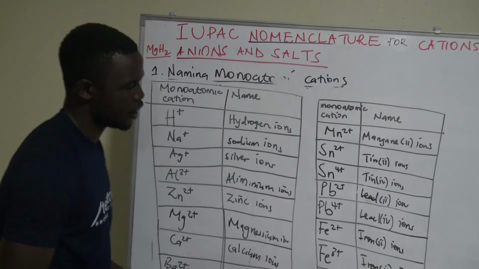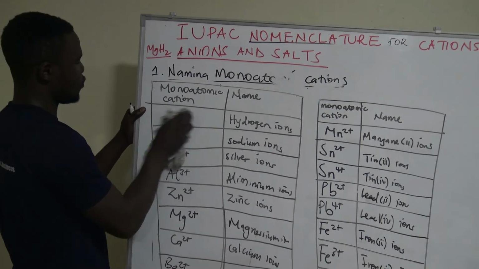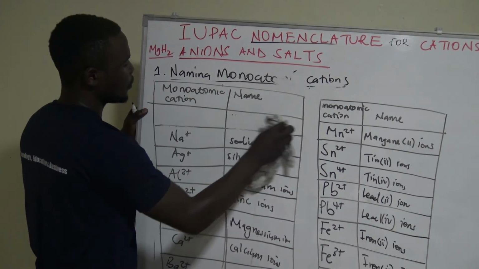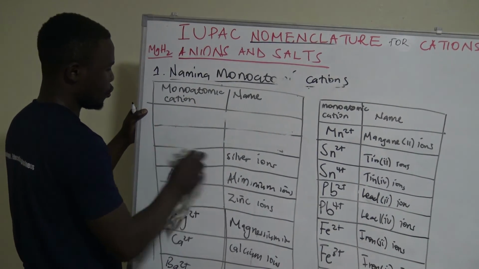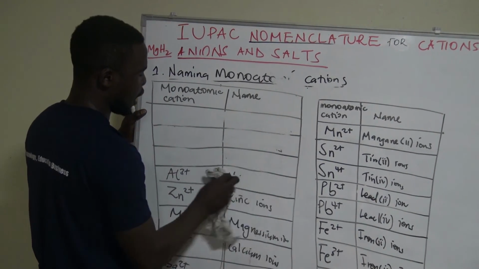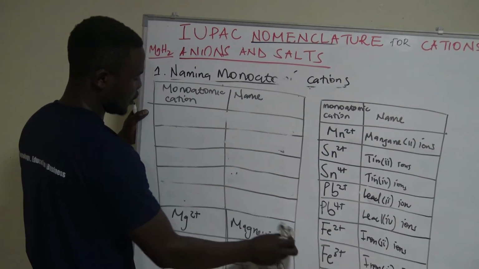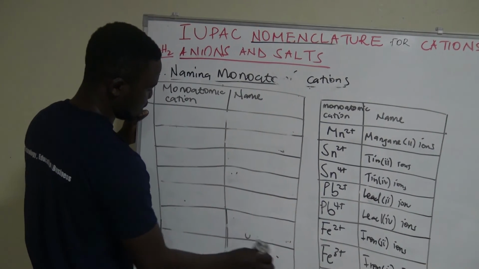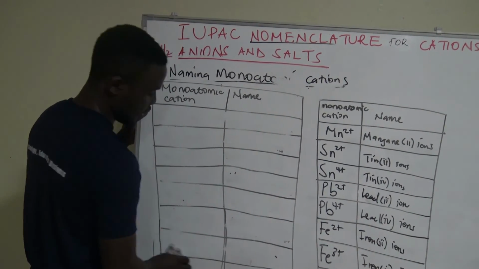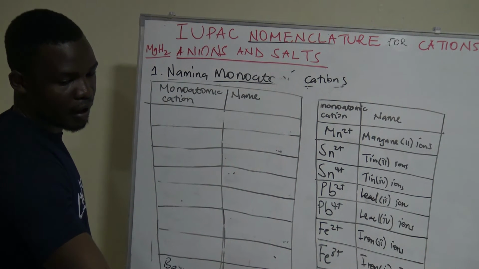So guys, allow me to clean the first table. We add more cations, such that after finalizing with these ions, we can go and look at the polyatomic ions. After this, we shall go and look at the polyatomic ions.